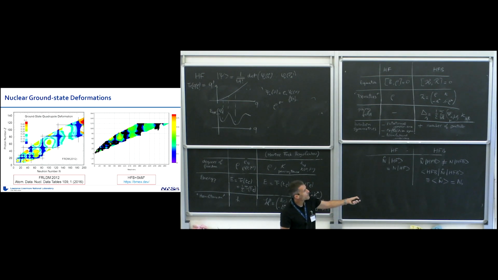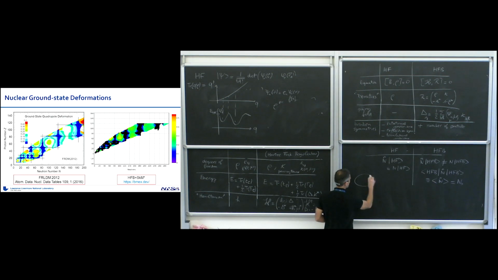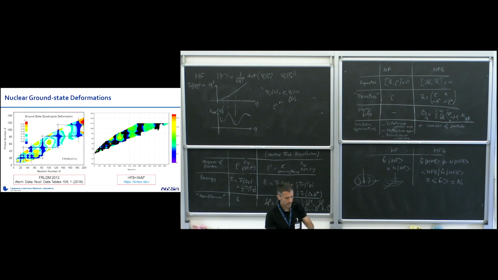This is the absolute value of the deformation, so we cannot distinguish between prolate shape, which would be like this, and oblate shape, which would be more like this. Prolate shape is like a rugby ball, and oblate shape is more like a flattened thing. But okay, we can do these kinds of large-scale calculations. That tells you that most nuclei are deformed in their ground state.